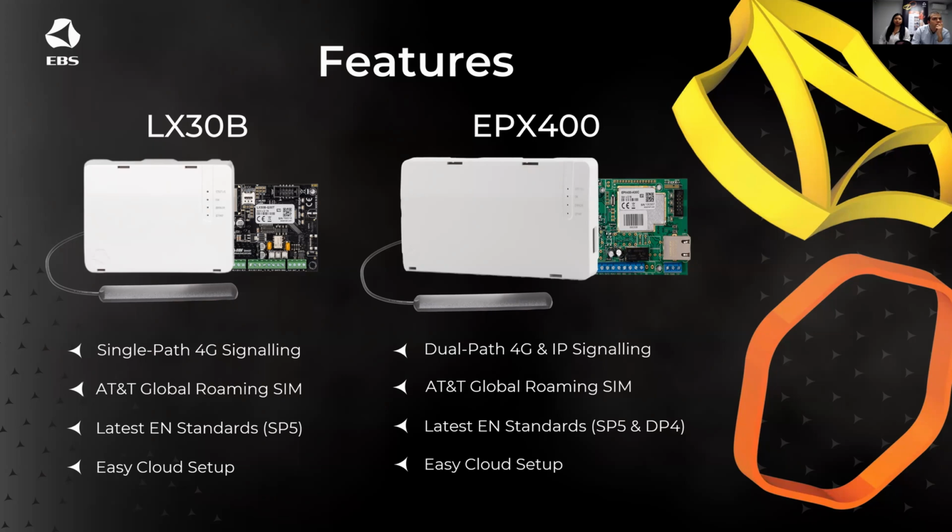So that's a very useful feature because normally most deployments are running on a single network SIM card, and with our USP solution, we will be providing you together with a package of a roaming SIM card, which means that you have better connectivity with multiple carriers. And of course, to add to that, we have the EN standards for the certifications, and it's a very easy cloud setup.